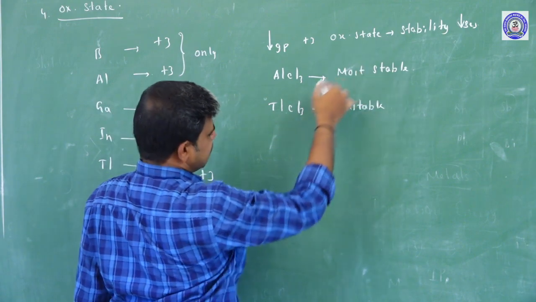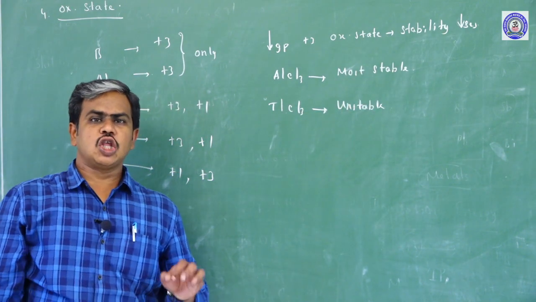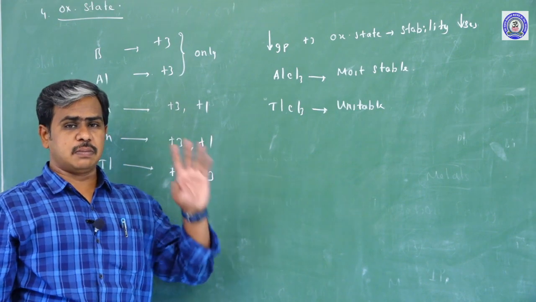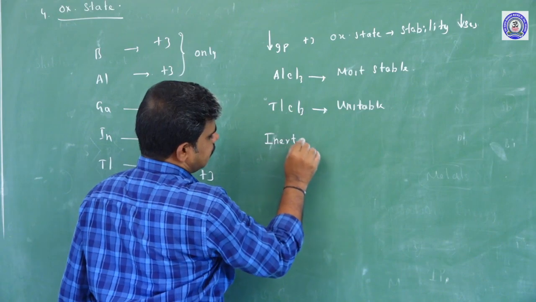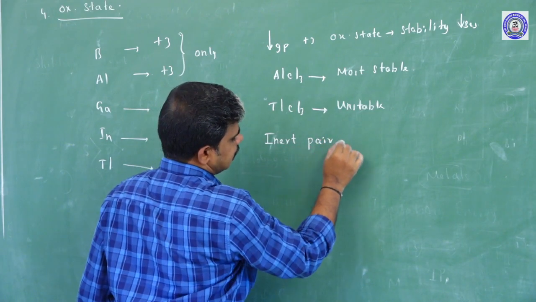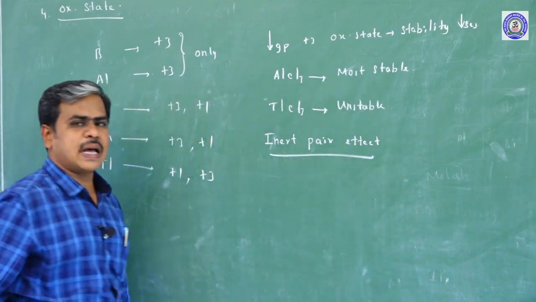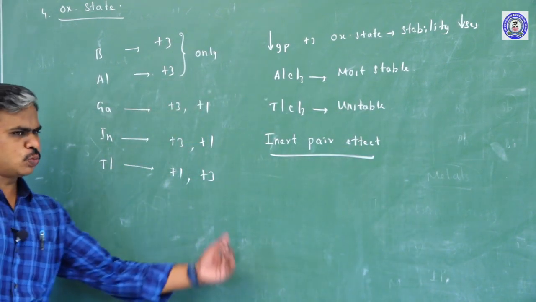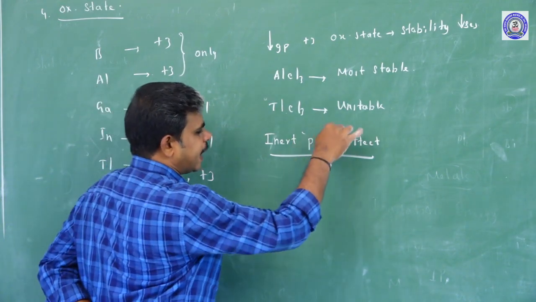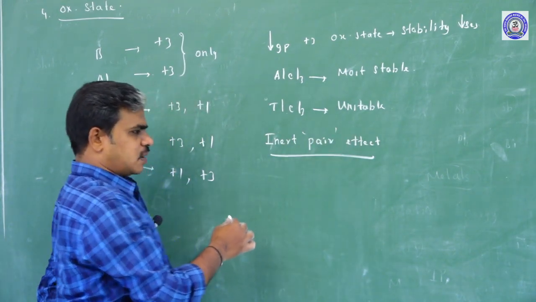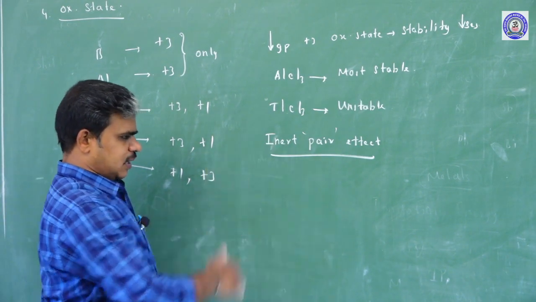The reason is a very important and unique property of the p block, the inert pair effect. What is that? Okay, what do you mean by inert pair? The answer is right here: a pair of electrons becomes inert in the p block, which is known as the inert pair effect.